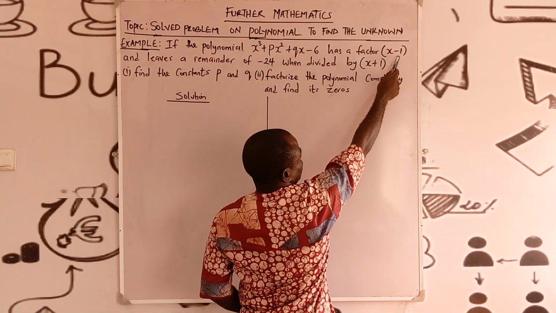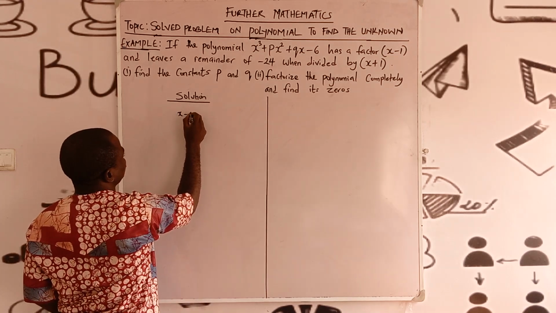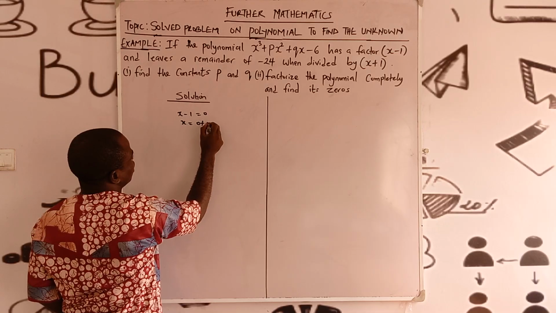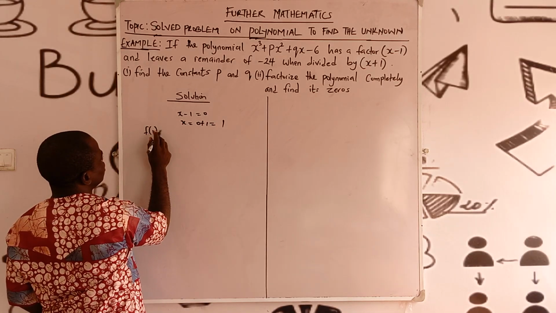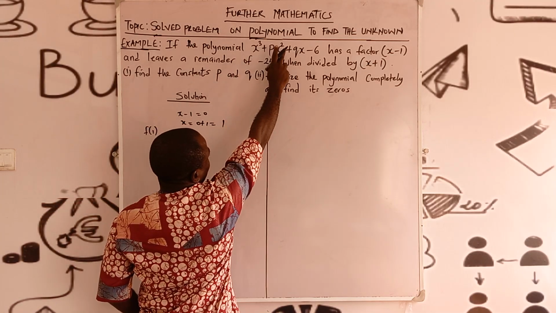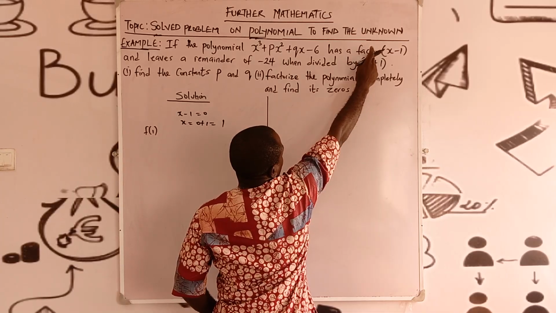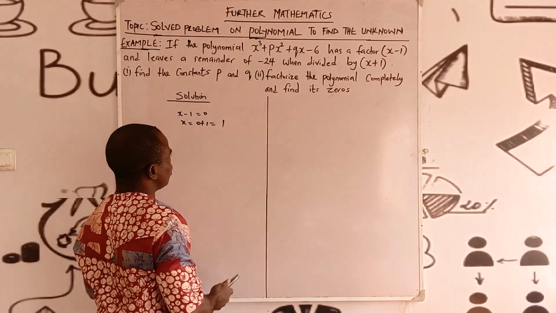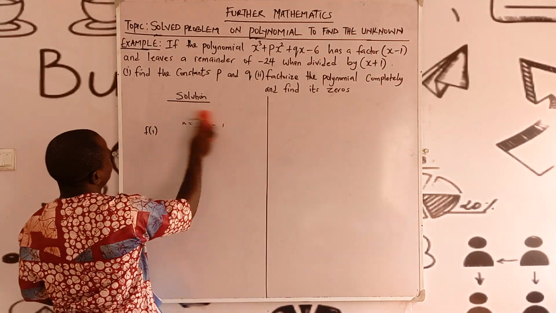Like x minus 1 equals 0, so x equals 0 plus 1, equals 1. What we now do is substitute f of 1 into this expression, and because it has a factor, we equate the expression to 0. We are going to see it in this example.